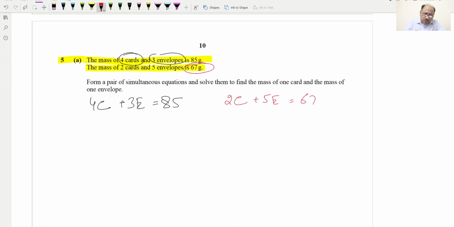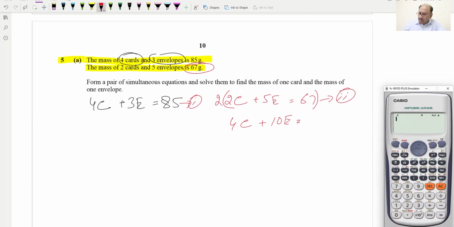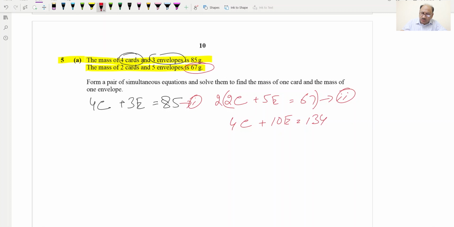So we formed equation 1 and equation 2. We formed these two equations, and we will solve them simultaneously. We need to multiply equation 2 by 2 to get the coefficient of C the same. So 4C plus 10E is equal to 67 multiplied by 2, which will be 134. So this equation and this equation we will simultaneously solve.